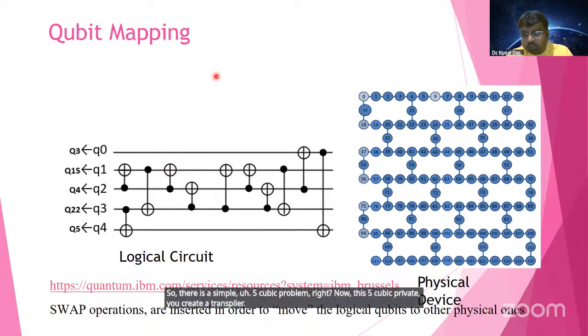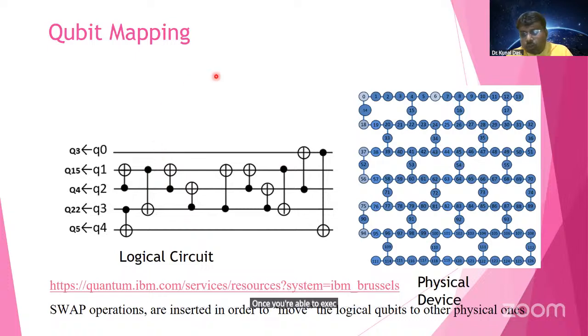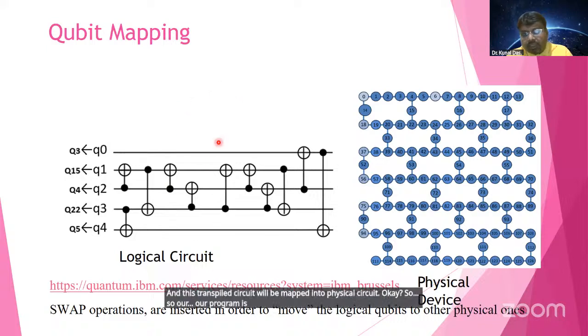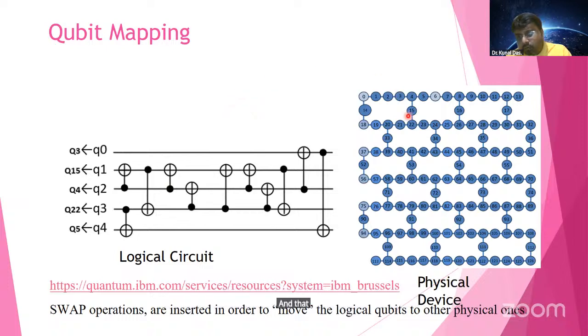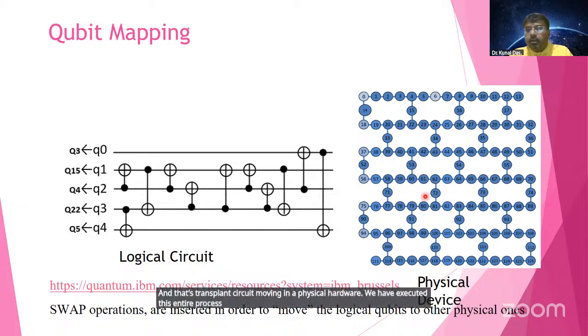Once you are able to execute the code, your transpiler will generate a transpiled circuit, and this transpiled circuit will be mapped into a physical circuit. Okay, so our program is generating this transpiled circuit, and that transpiled circuit moves to physical hardware. We have executed this entire process on physical hardware, IBM Q.